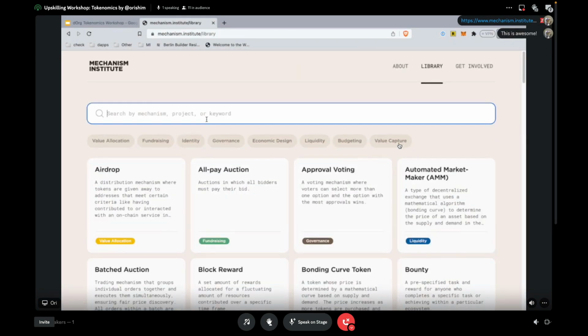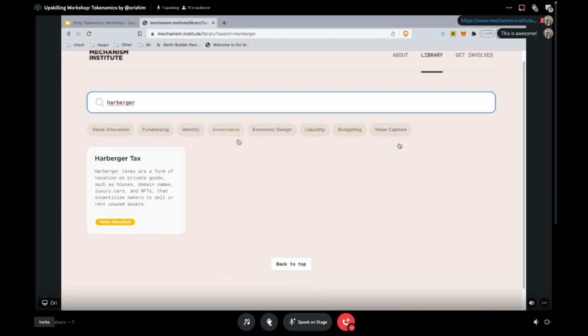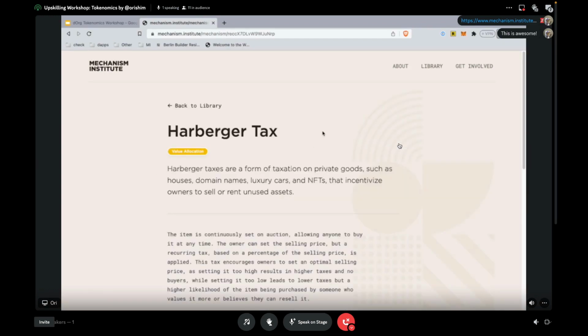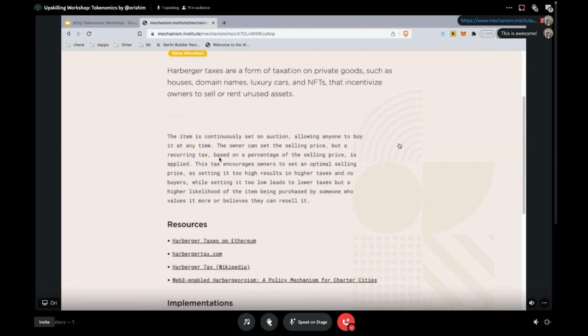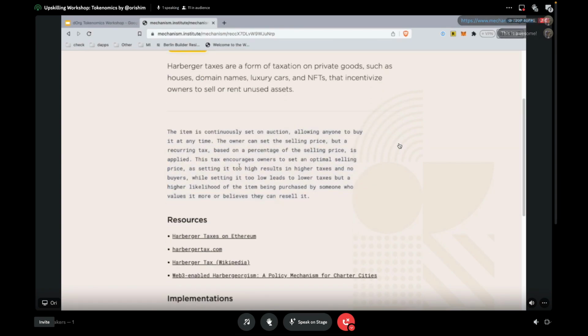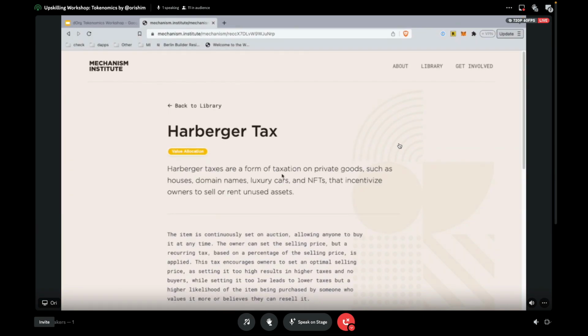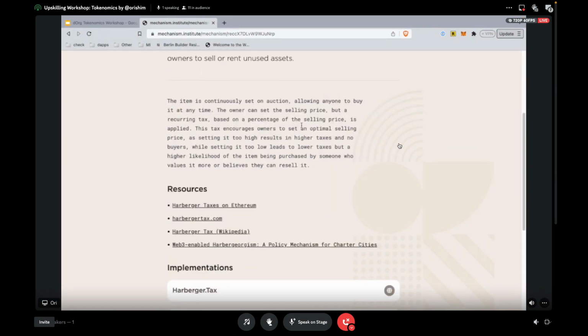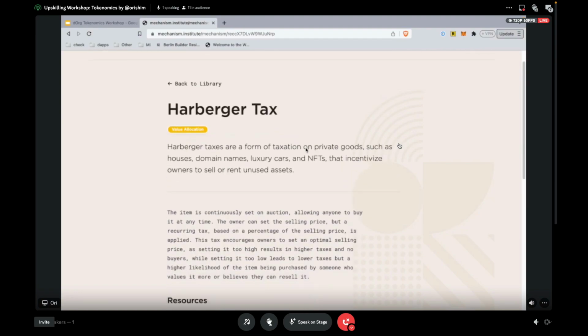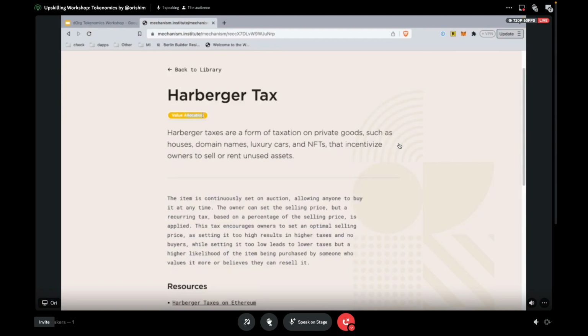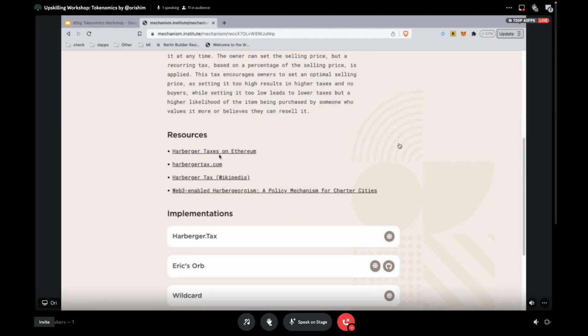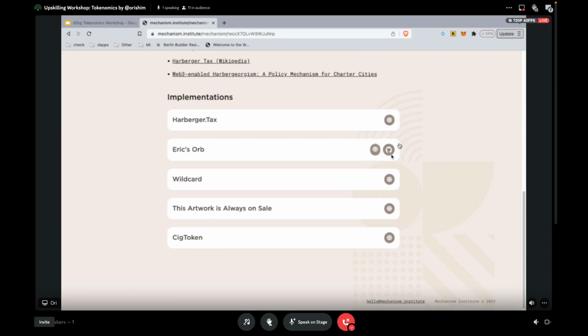Maybe Harberger tax is this cool one where we have a short description of it, we have a longer explanation of how it works, and we're working to get a lot more details into each one of these so people can really understand how it works well, what doesn't work well about it, what it's for, and then resources to learn more about it, and then example implementations, links to websites, code, etc.